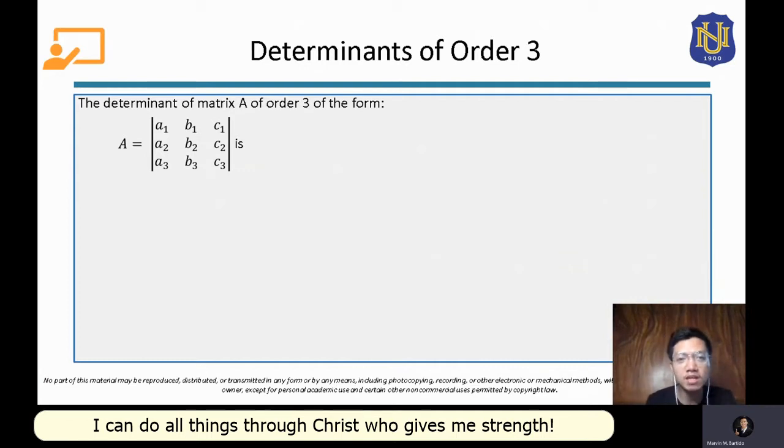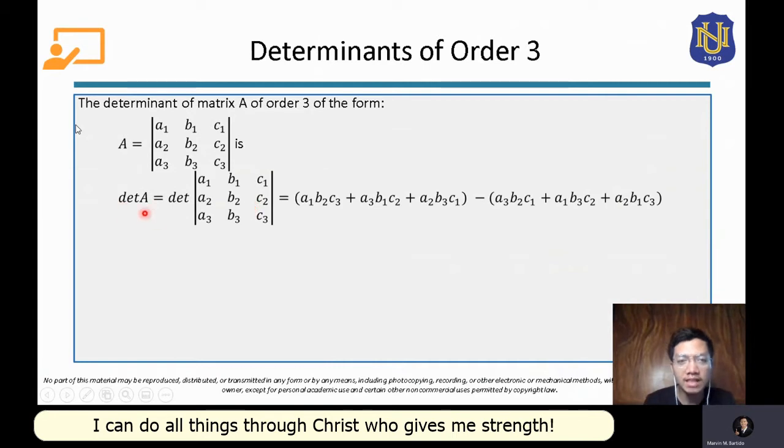The determinant of matrix A of order 3 of this form, so this is our matrix A, will be equal to A1 times B2 times C3 plus A3 times B1 times C2 plus A2 times B3 times C1 minus A3 times B2 times C1 plus A1 times B3 times C2 plus A2 times B1 times C3.